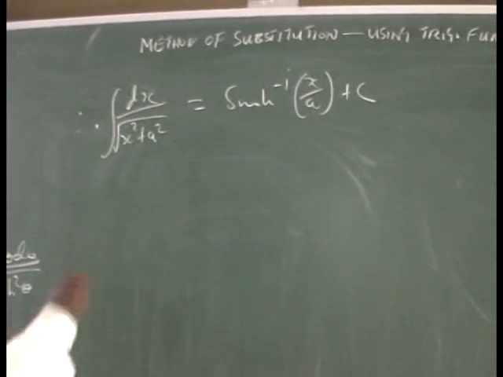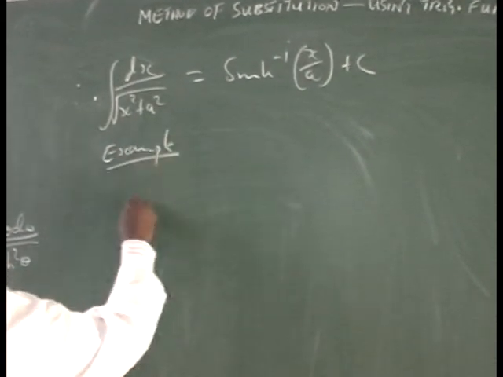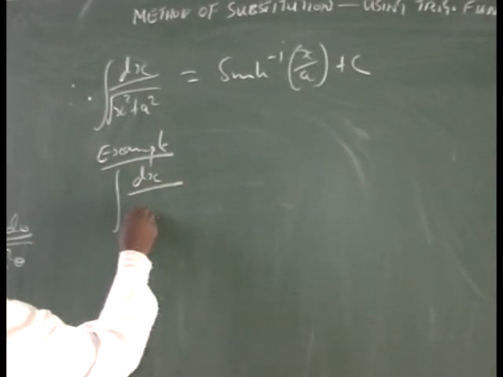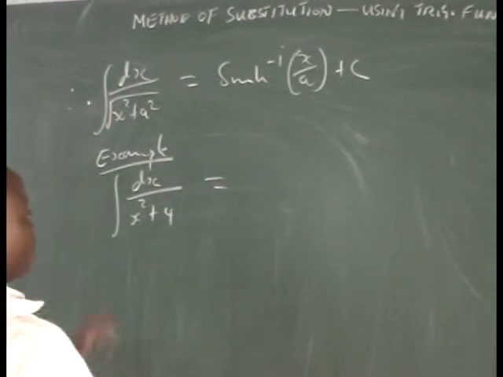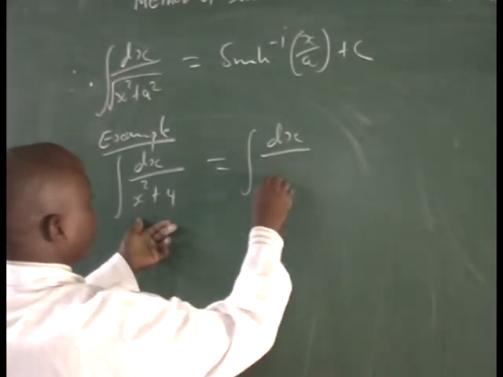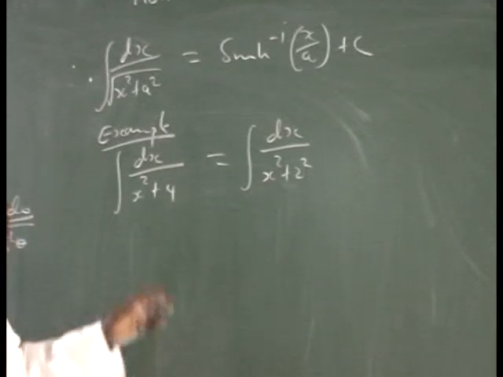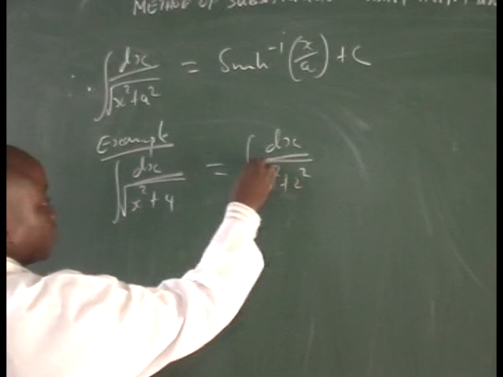So that, for example, if I have integral of x all over x squared plus 4, then I will quickly conclude that this is the same as integral of x squared plus 2 squared. And immediately you have the square root sign here.